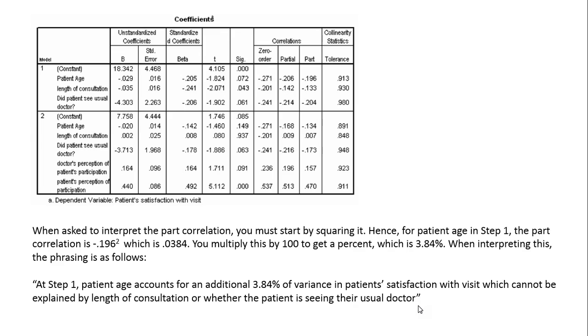Now, when you do Table 2, the results of your regressions in the report, you always include the part correlations, actually the squared part correlations, so the variance explained by each predictor, and you also always include the beta weights. So I'll talk about some reports in a later video. Okay.